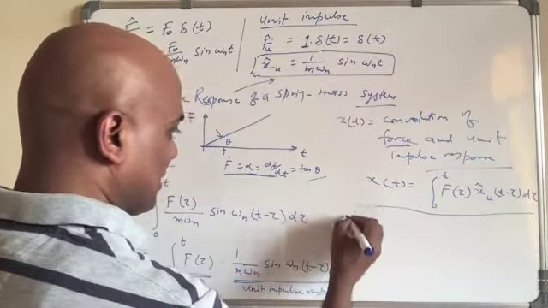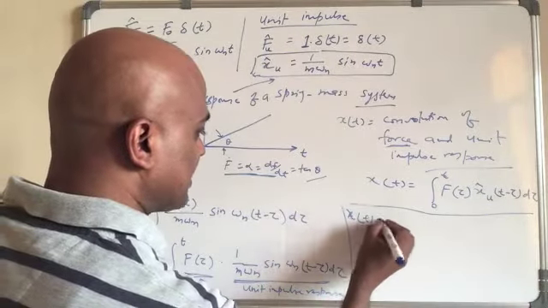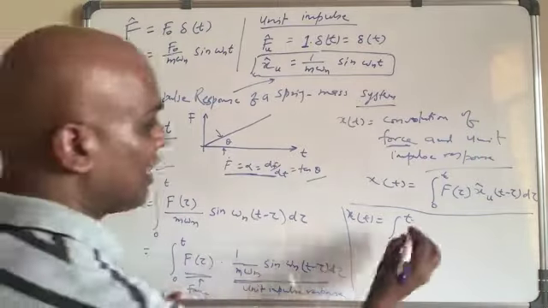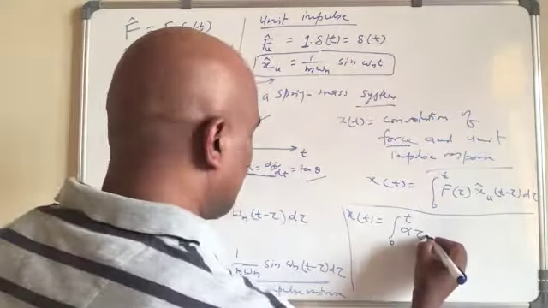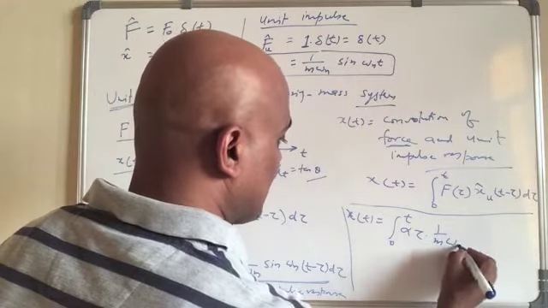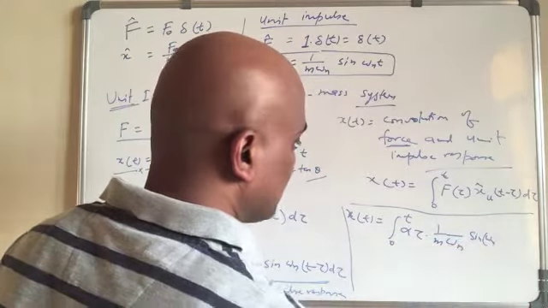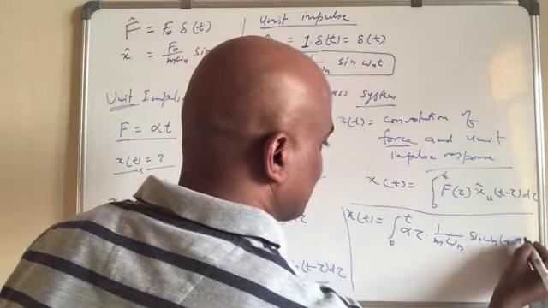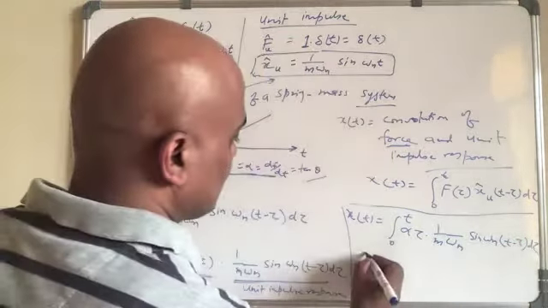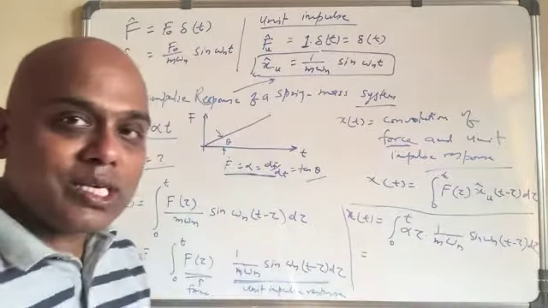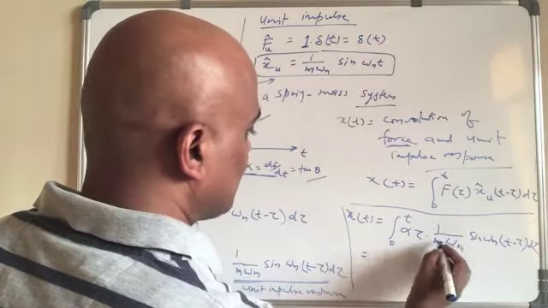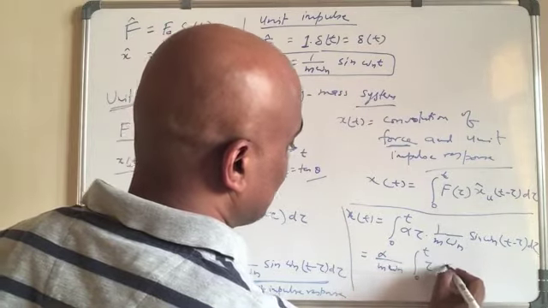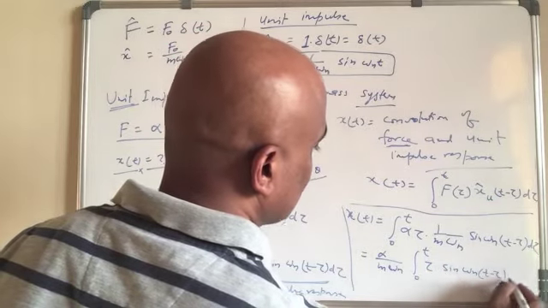So x(t) becomes the integral from 0 to t, and F(tau) is alpha tau, so we write alpha tau here, then 1 over m omega n, and sine omega n (t minus tau) d tau.